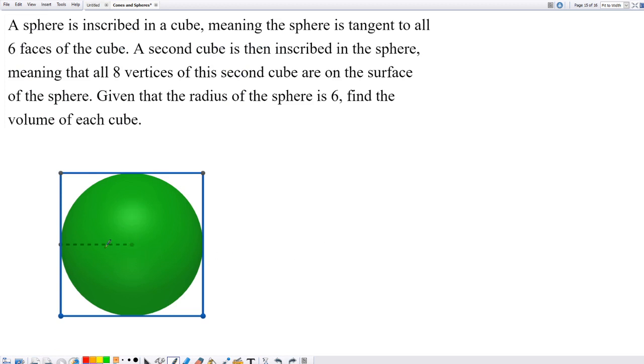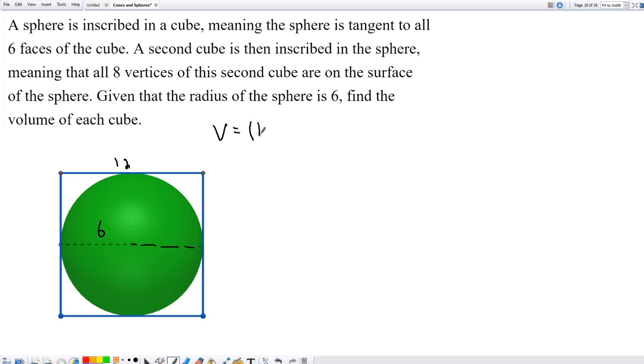Again, we know that the radius of the sphere is 6, which means the diameter is 12. So each of these side lengths must be 12. So the volume of the cube, as we can hopefully remember, is just the side length cubed.